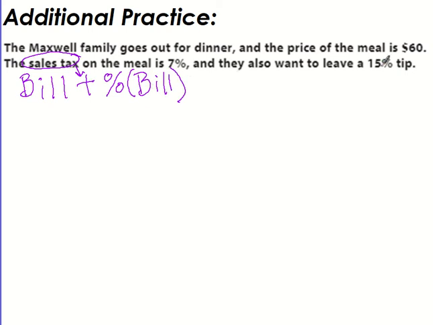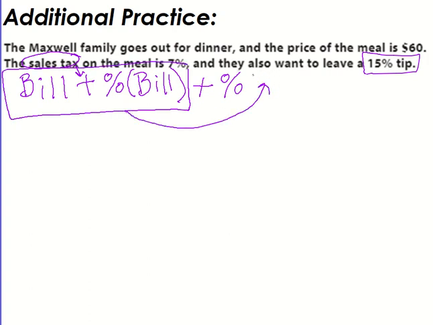But then most of the time, you leave a tip. And remember from our words, tip is also a markup. So we're going to add a percentage to actually all of this. So when you pay at a restaurant, you don't pay your tip on the bill, you pay it on the total tax and the bill.